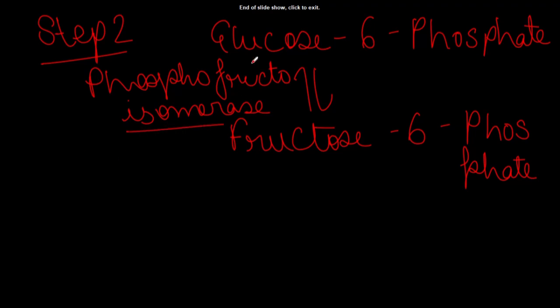This is an isomerase enzyme, so glucose is converted into an isomer, which is fructose, and this results in the molecule of fructose 6-phosphate. Okay, so let's continue to the third step.